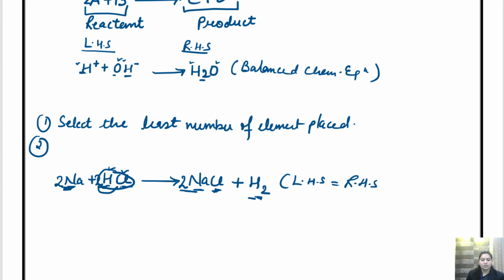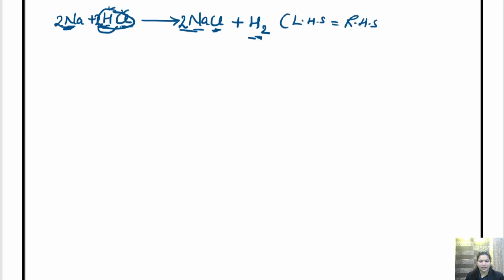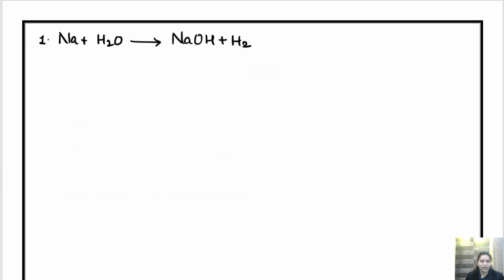Getting it? So this is one. And the second rule is that we will balance LHS and RHS by hit and trial method.